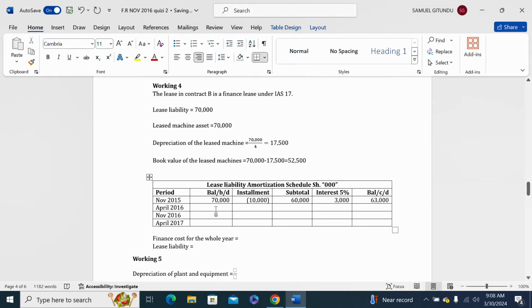We have the balance brought down as 63 million. We deduct the installment paid in advance, that is 10 million. We get 53 million.